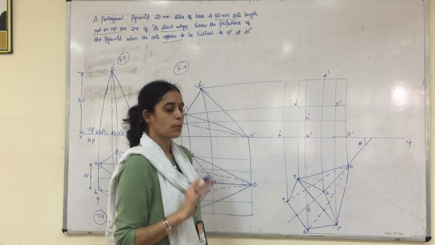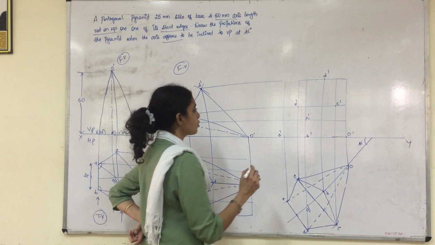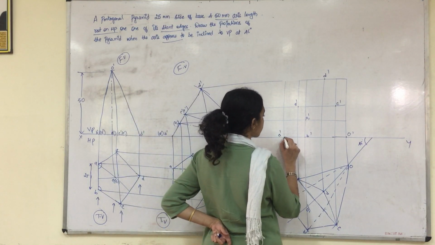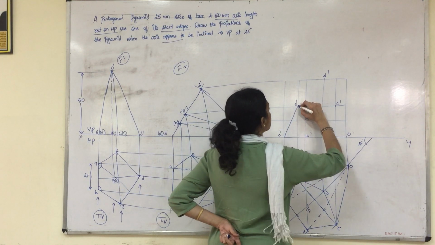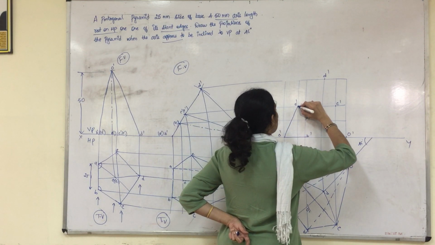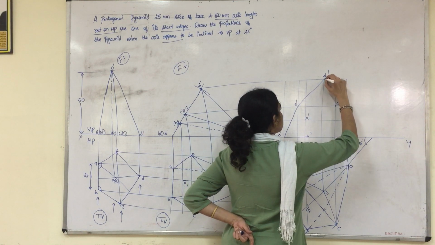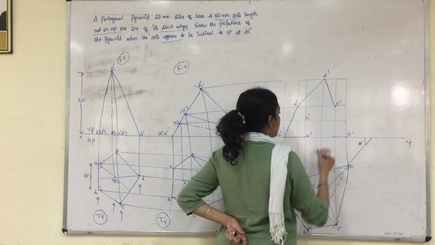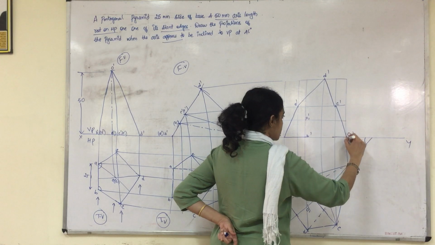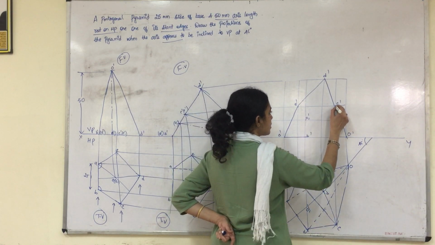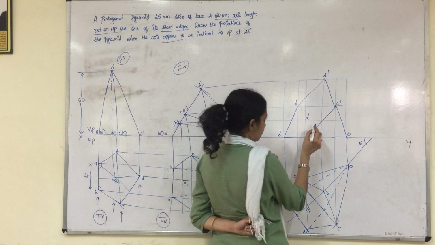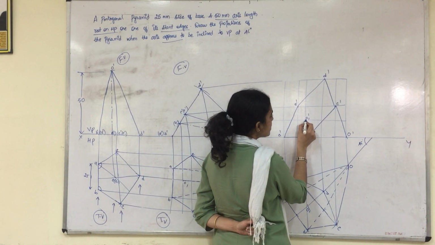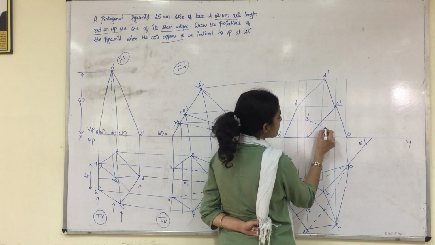So I told you the outer boundary will be always visible. So you join the outer boundaries. From A dash to B dash, A dash to E dash, A dash to D dash, D dash to C dash, C dash to O dash, and even this surface will be visible, right? And this is the axis.